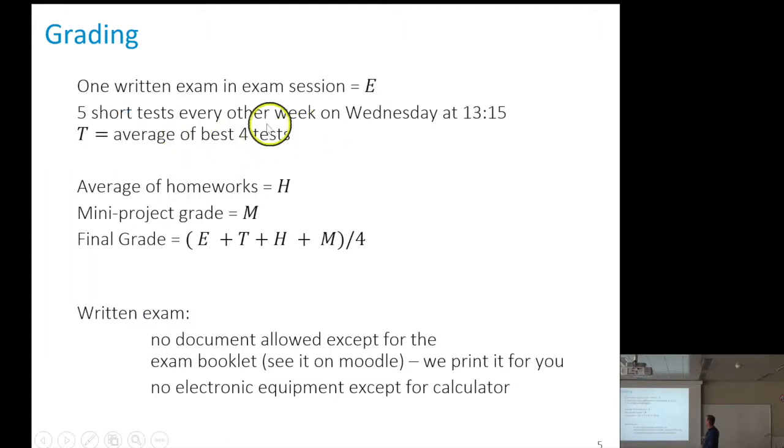Whatever the reason, that also means if you're sick for 1 week, we don't have a makeup for that, except if there's a really dramatic situation, we can always discuss it. In principle, we erase 1 of the 5 tests. For the homeworks, we take the average of the 4, and the mini project counts as much as all the homeworks, and we take the average of all that.